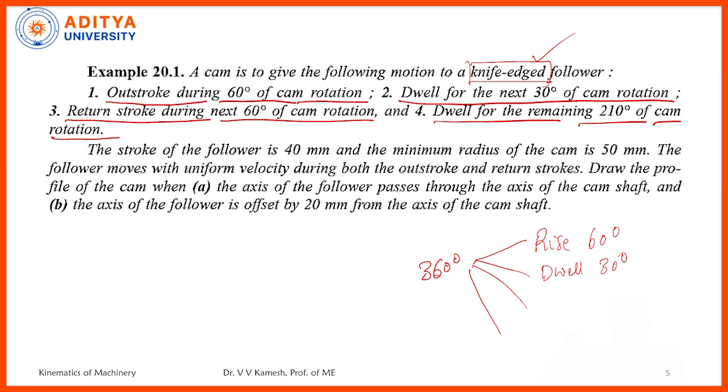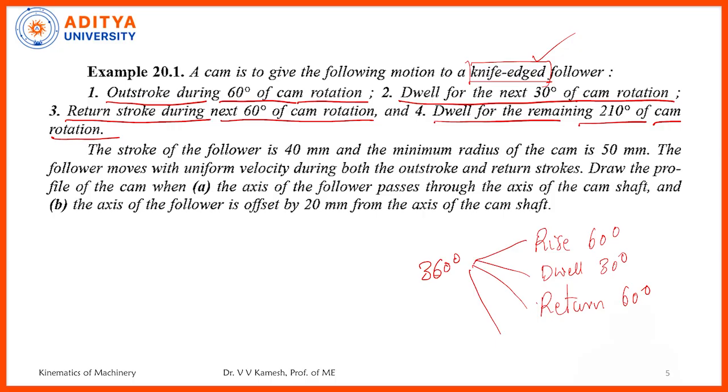So, while the cam is rotating through 360 degrees, the parameters that we need to observe are: rise for 60 degrees, dwell for 30 degrees, next return for the next 60 degrees.